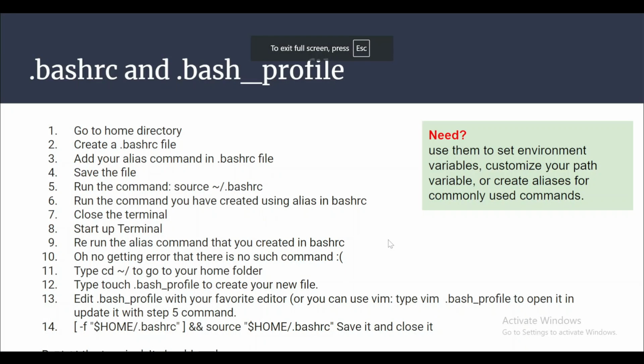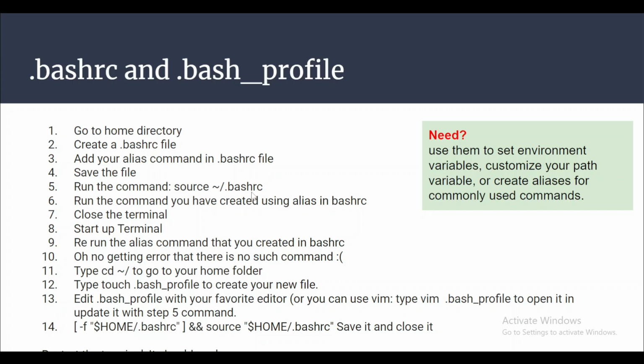So the total steps are: first we went to the home directory and created a bashrc file, as I have shown. Then I added my ls command in the bashrc file, which was a cd command jumping into the directory I want to work in. Then I saved the file with whatever changes I made. Then I ran the command source and provided the bashrc, for example tilde, meaning from the home directory, forward slash and the file name dot bashrc.